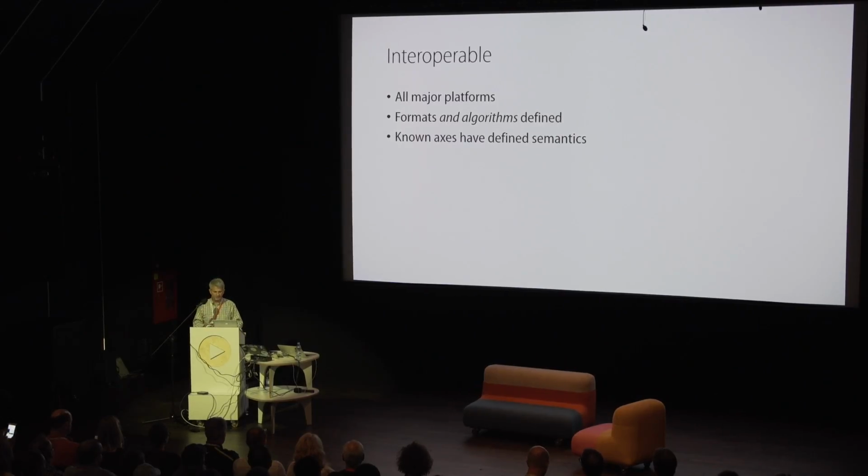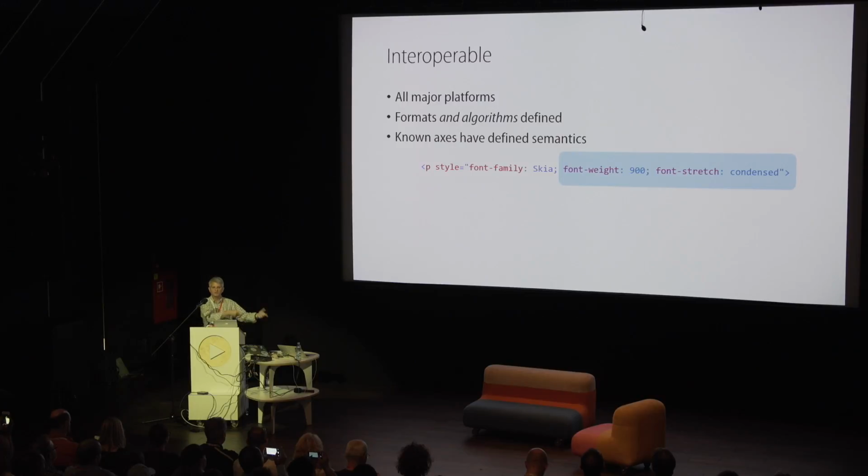And an implication of that was, if you had, for example, some existing CSS styling, font-weight, font-stretch, there's no way to compare a font-weight of 900 with the value in a GX font. By defining the semantics of the axes in the OpenType spec, we allow for this kind of interoperability between fonts and different platforms.